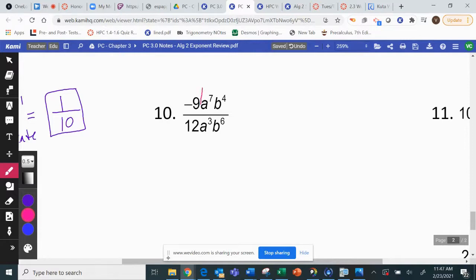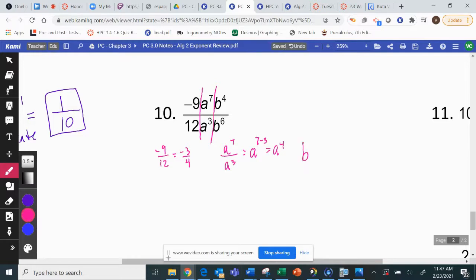Okay, my next one is division, but I'm going to divide it up into separate fractions where I look at the numbers, the a's and the b's. So when I do -9 over 12, I'm just reducing that. I do a to the 7th over a to the 3rd. I'm going to subtract: a to the 7 minus 3, which is a to the 4th.